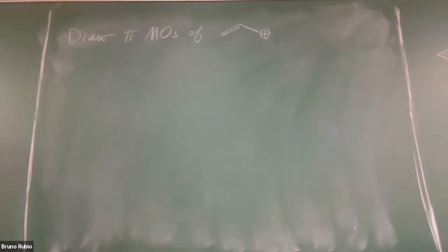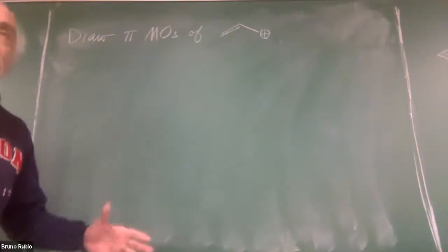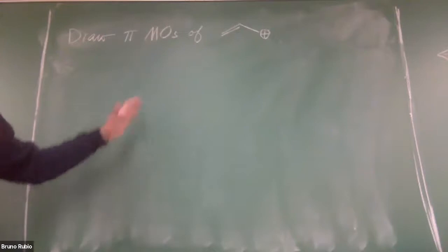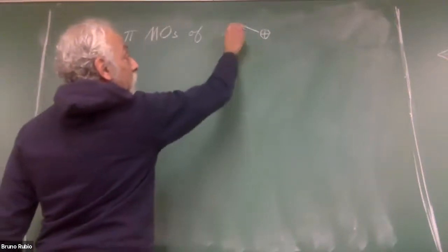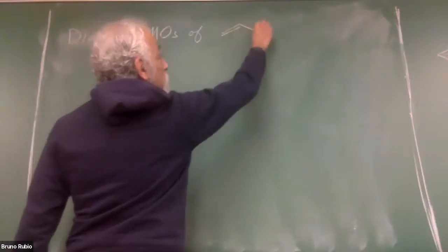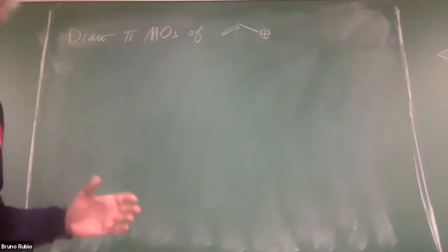What's our first step? First step would be how many p orbitals are interacting. There's going to be 3 of them, right? There's a p orbital there, there's a p orbital there, there's a p orbital there. So we have 3 interacting p orbitals. We're going to get 3 pi molecular orbitals.